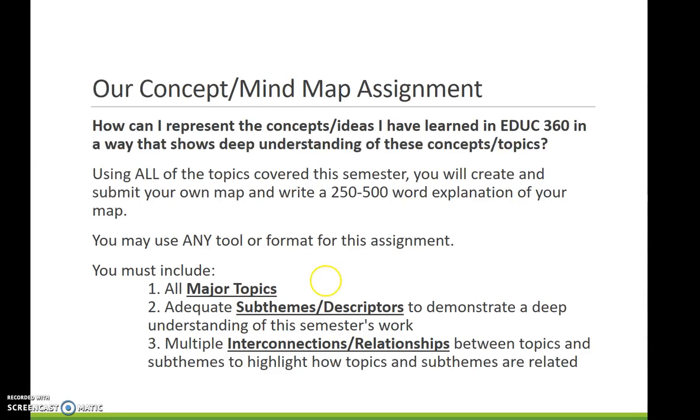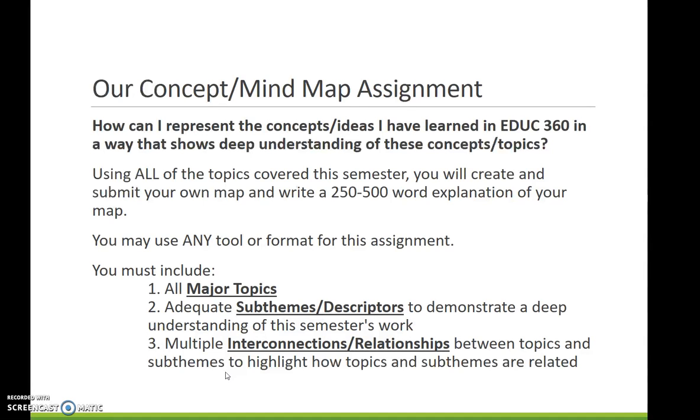Then you need to make sure you have appropriate and detailed connections. So multiple interconnections and relationships between topics and subthemes to highlight how they're related and connected. There will be a lot of judgment making in this step. You are going to have to decide how to organize things, how specific ideas can be connected, and what makes the most sense.